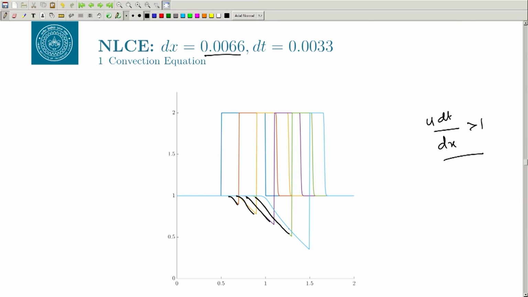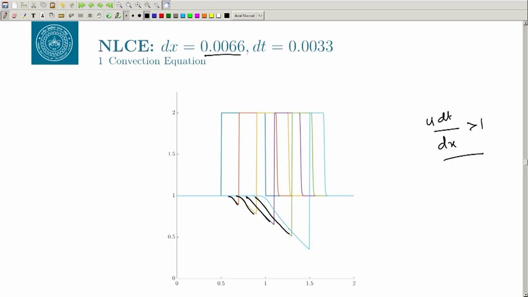And typically in a CFD solution, because it is a complex problem, you do not know the dt value. So, what you need to do is every time you have to calculate local delta t, the local Courant number, and your grid may be non-regular and non-uniform. So, your delta x may be different everywhere, your u may be different everywhere.